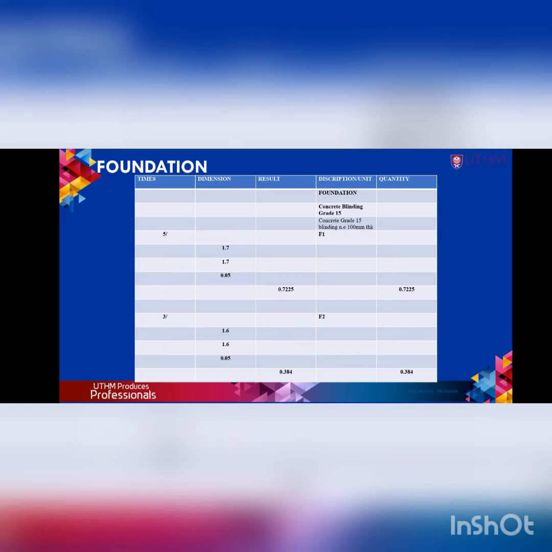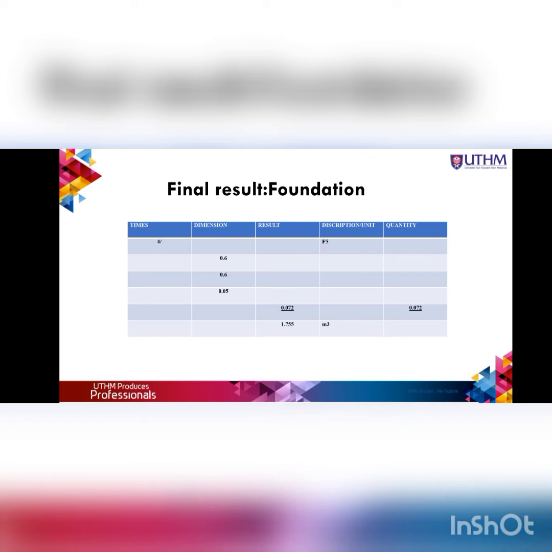While for the second pad footing with a times of 3, with the dimensions of 1.06, 1.06 and 0.05, the result will be 0.384, with the same quantity of 0.384 meter. For the final pad footing, we have a times of 4, with dimensions 0.6, 0.6 and 0.05, with the result of 0.072. So the sum of the results for the foundation will be 1.755 meter cube.